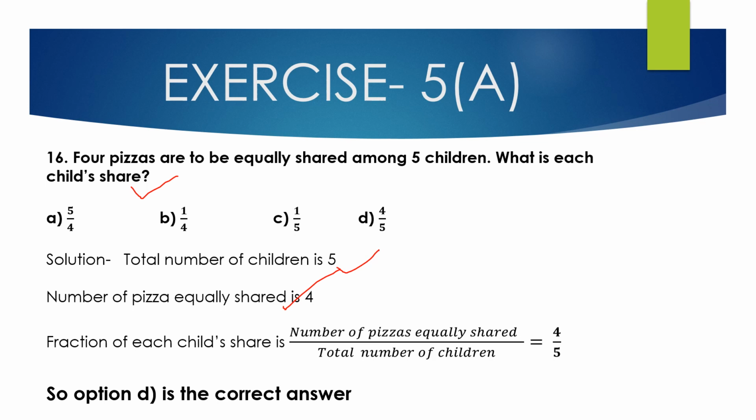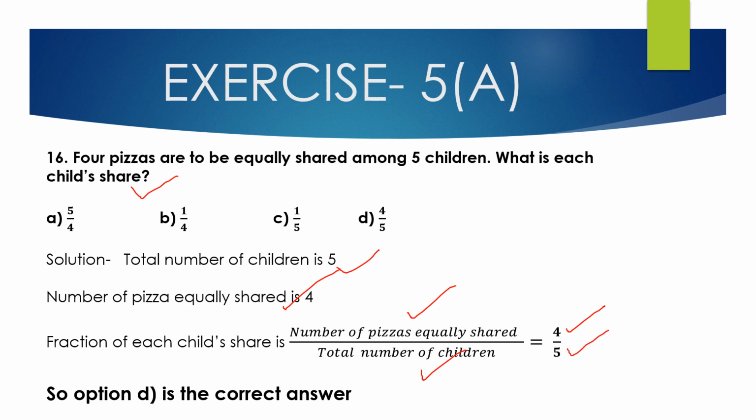The fraction of each child's share is the number of pizzas equally shared divided by the total number of children. The number of pizzas is 4 and the total number of children is 5.